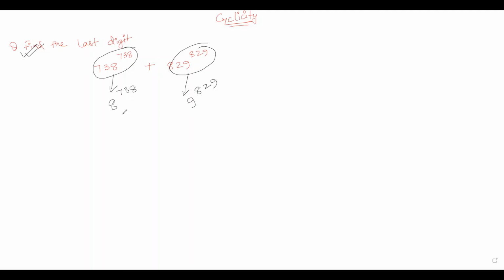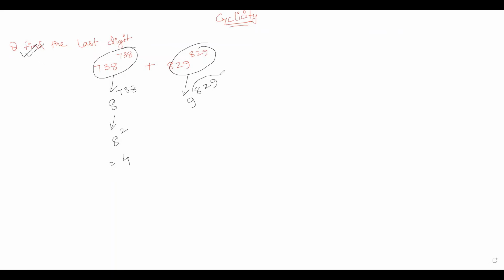Now, the higher powers of 8 have a cyclicity of 4, and when 738 is divided by 4, the remainder is 2. So the last digit of 8 raised to power 738 would be same as the last digit of 8 square, which would be 4. And the higher powers of 9 have a cyclicity of 2, and we know that 9 raised to some odd power will give us the unit digit as 9, and 9 raised to some even power will give us the unit digit as 1.